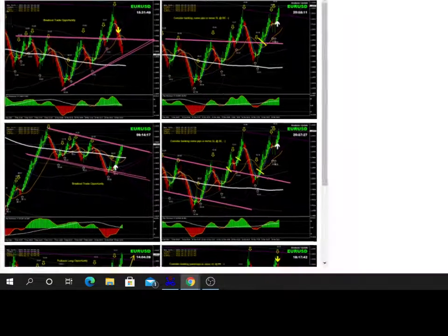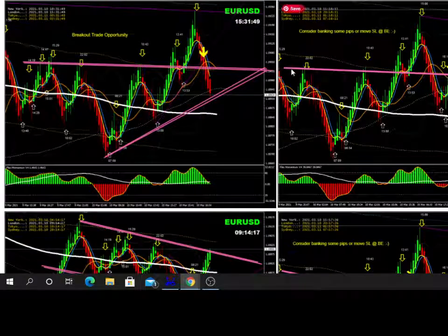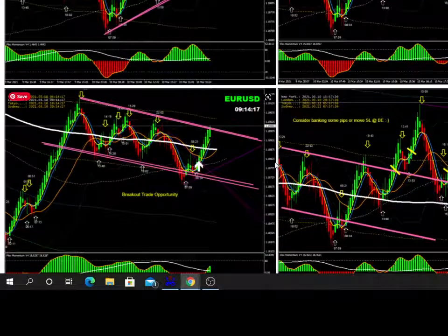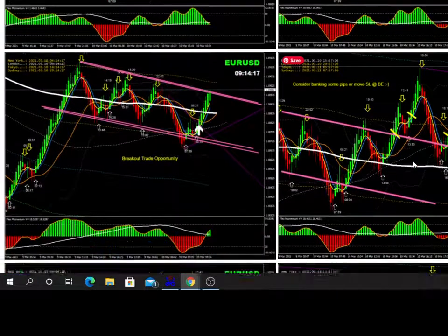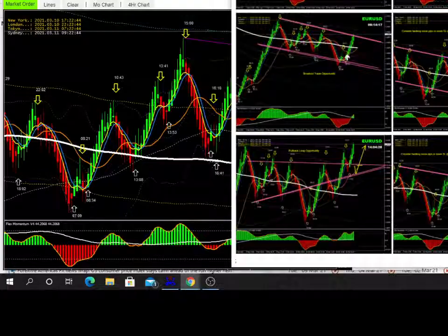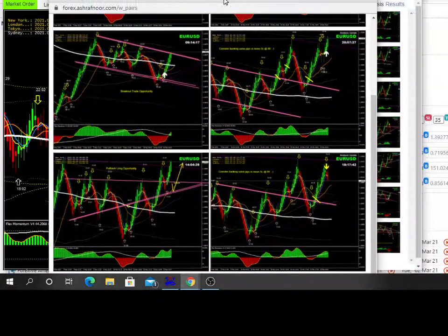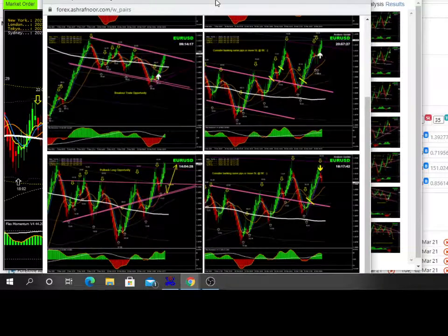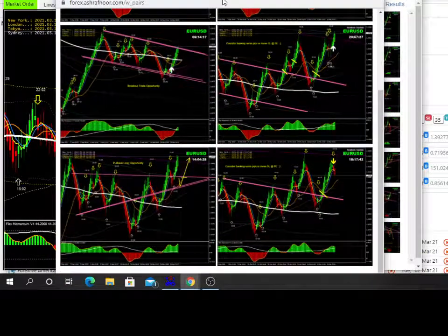Let me visualize this a bit further. You can see 9 o'clock where the price was, then it worked through, rising up to the second fib channel up here.